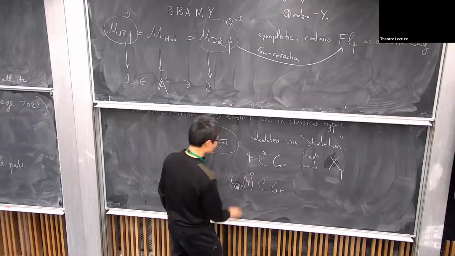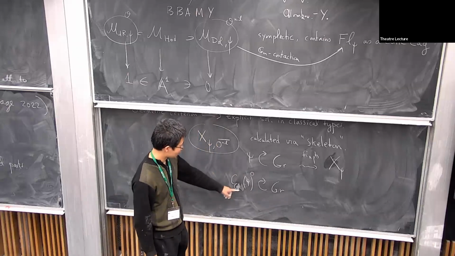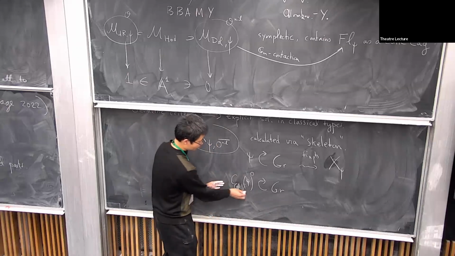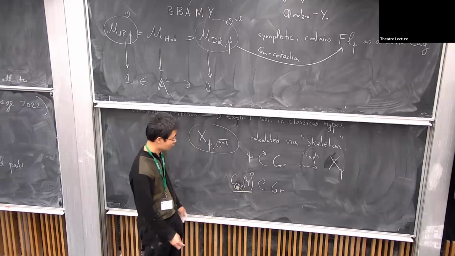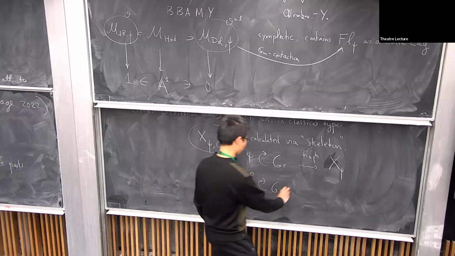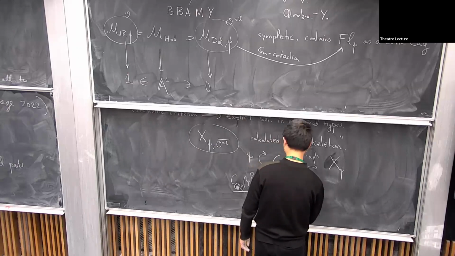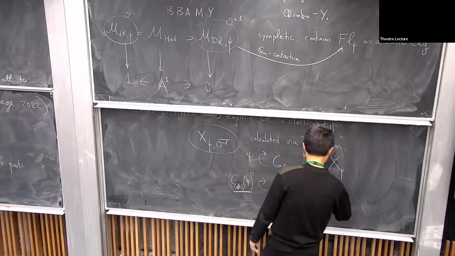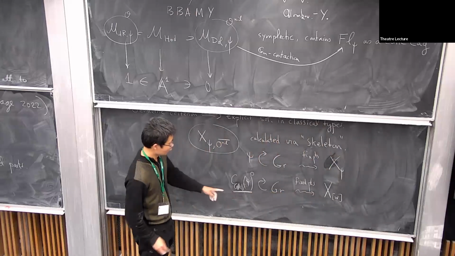And let's always take the neutral component of this. So this is the loop group of some possibly non-split torus. And then look at the fixed points of this whole thing. Let's call it X_W, where W denotes the splitting type.